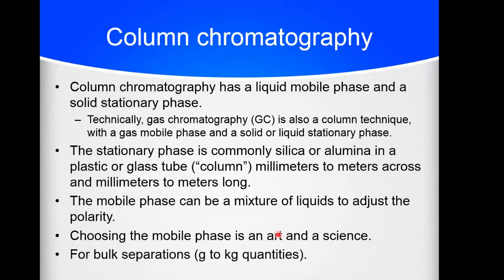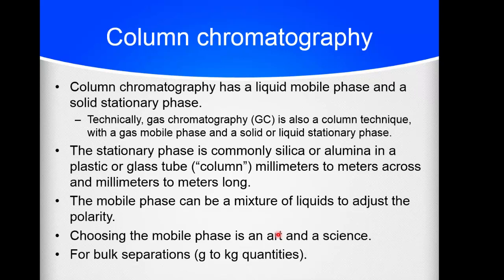In column chromatography, as opposed to thin layer chromatography, you have a liquid mobile phase and a solid stationary phase, and it is placed into a vertical tube. Gas chromatography is technically also a column technique, but the stationary phase is held in usually a coiled up column because it can be so long, up to 30 meters long is the standard length.